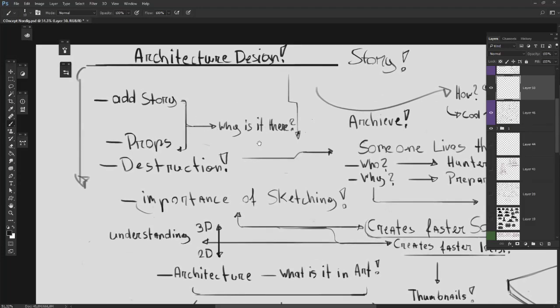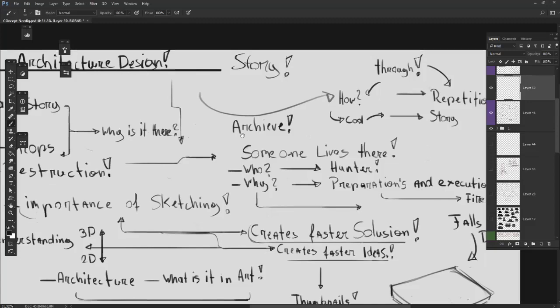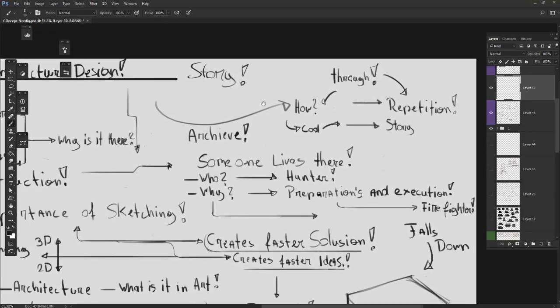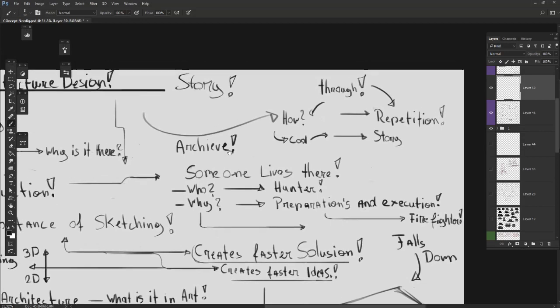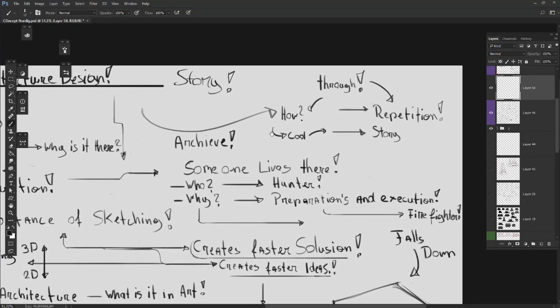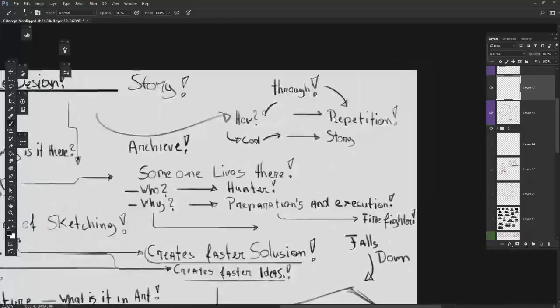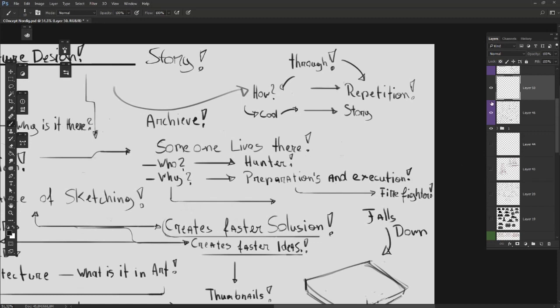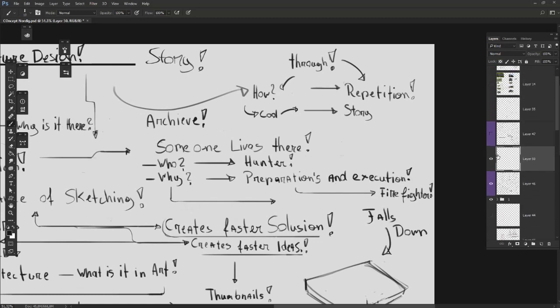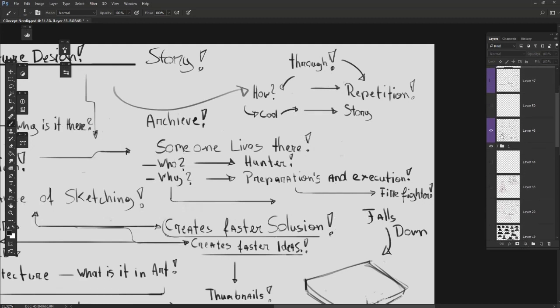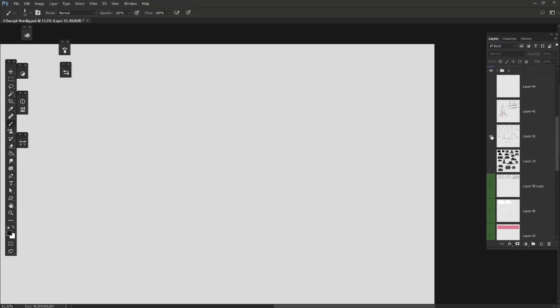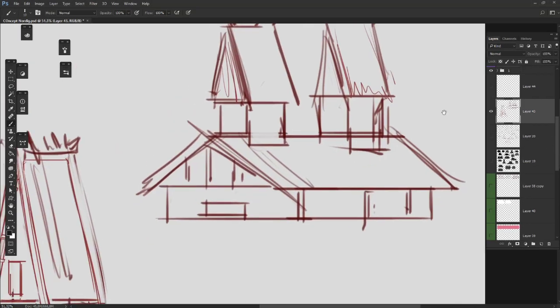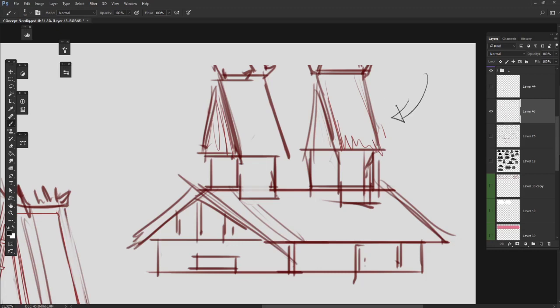So first off, let's look at what we can achieve through story and how we can approach our design as a story element with the props and the destruction. The first one is the repetition part. The repetition part is mostly ornaments and all that other stuff you usually see in other types of video game formats or board formats or the format of those buildings.